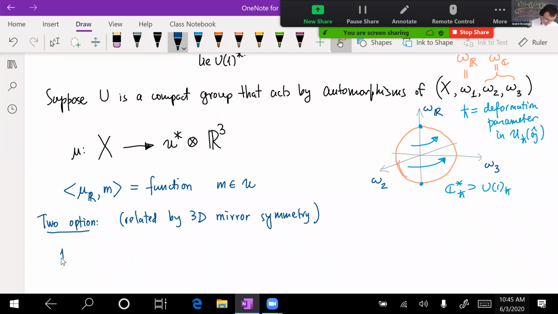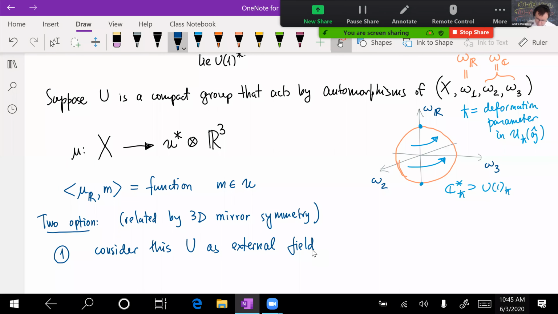So option number 1 is we consider this U as external field.